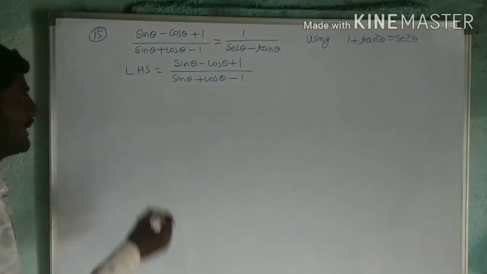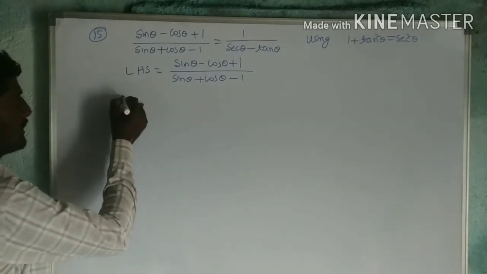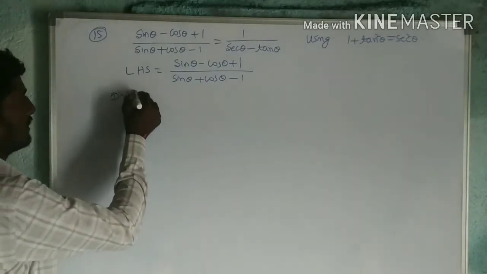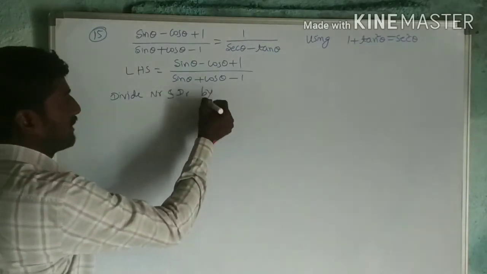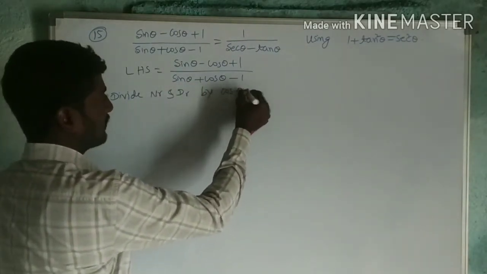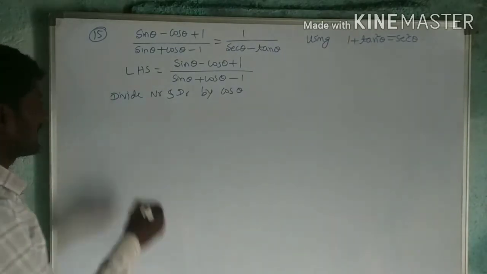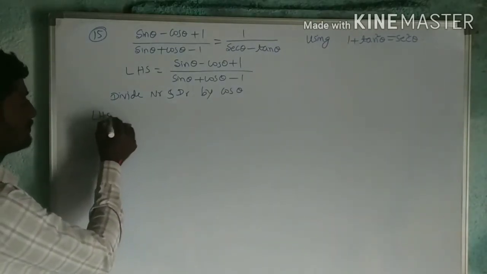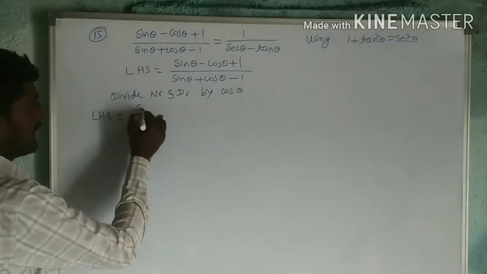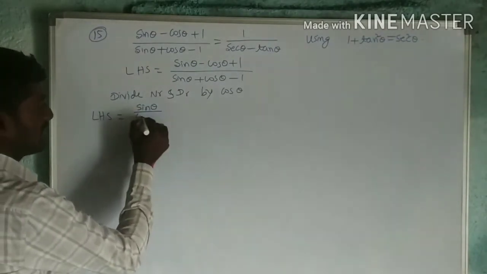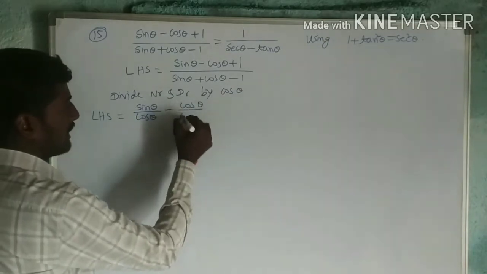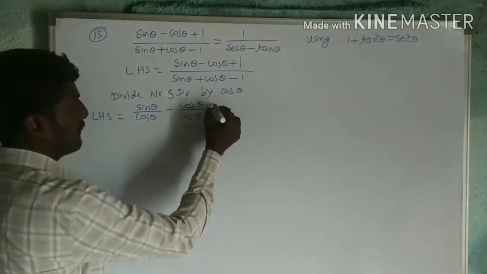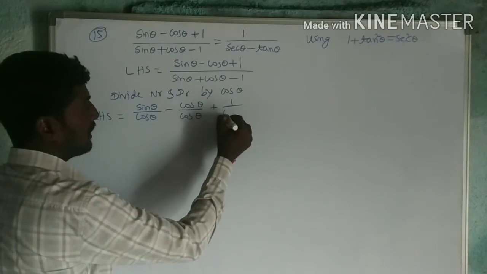First I have to divide numerator and denominator. Divide numerator and denominator by what? Cos theta. Okay, now LHS is equal to sin theta divided by cos theta minus cos theta divided by cos theta plus 1 divided by what?